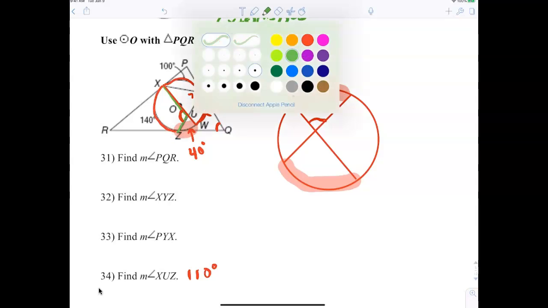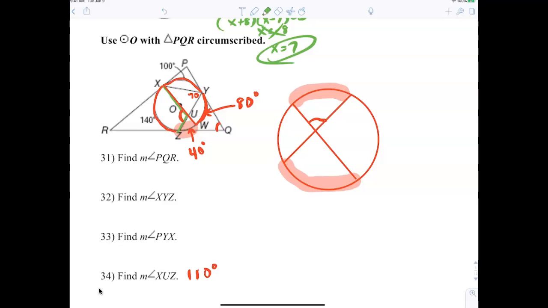Please watch, everybody. This arc here is how much? 240 minus this arc right here, 120, is 120. Now we divide that by 2. 60. You hearing me on that now?